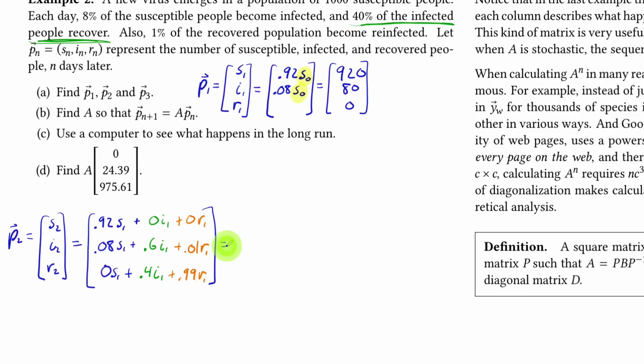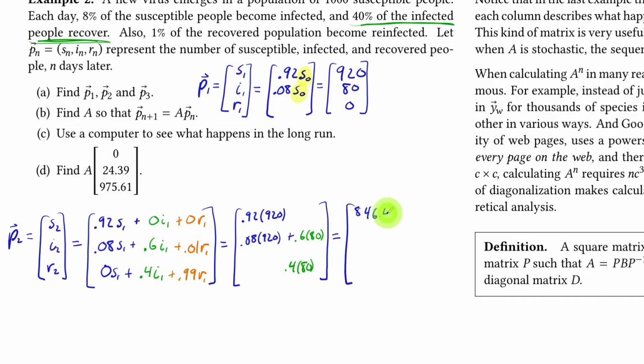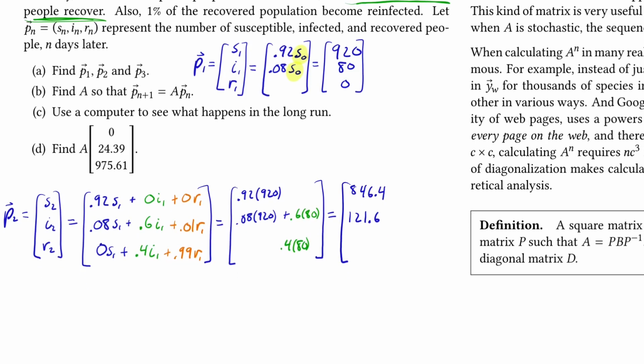So with the numbers we had previously, this all works out to be 846.4 susceptible people, 121.6 infected people, and 32 recovered people.